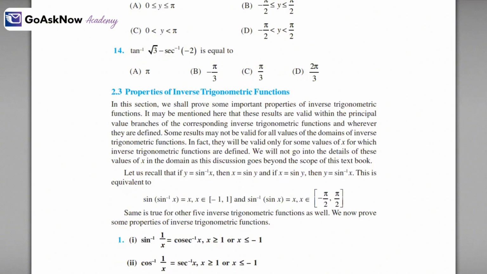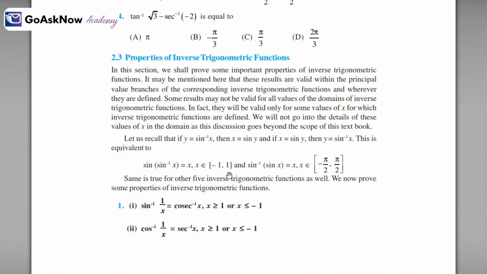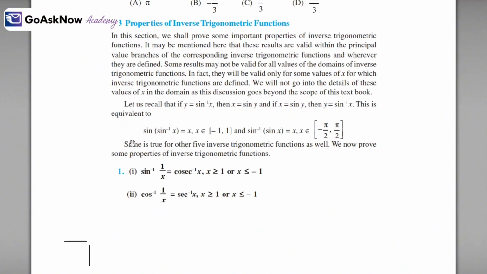In fact, they will be valid only for some values of x for which inverse trigonometric functions are defined. We will not go into the details of these values of x in the domain. The discussion goes beyond the scope of the textbook. So we will see the basics only.